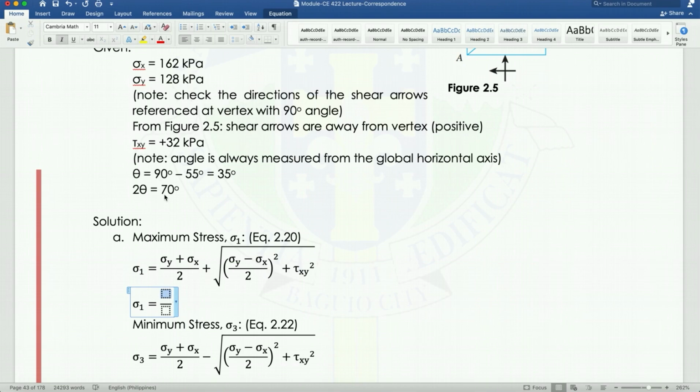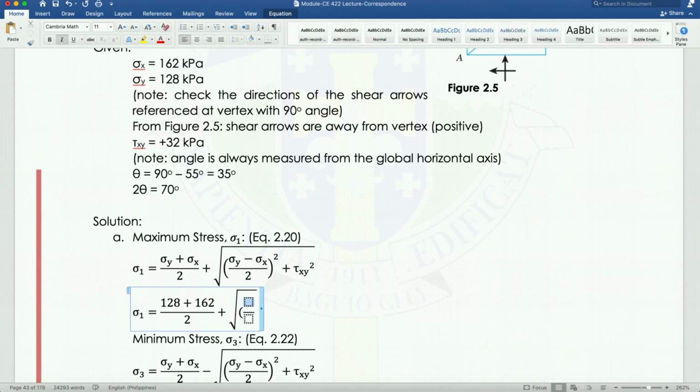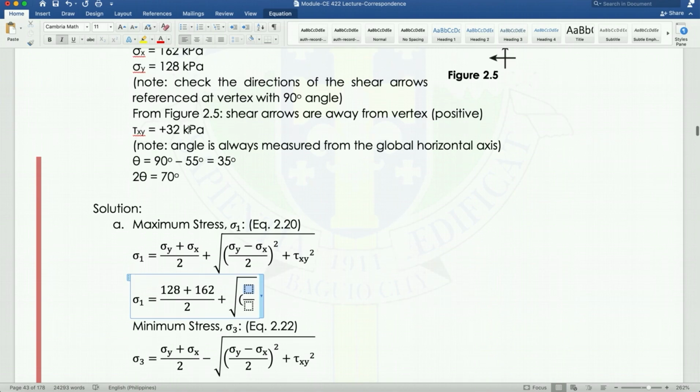So sigma y is 128 plus sigma x, which is 162, divided by 2 plus the square root of open parenthesis, sigma y 128 minus 162 divided by 2 quantity raised to the second power plus tau xy. Take note, tau xy is positive 32. So we have 32 raised to the second power.